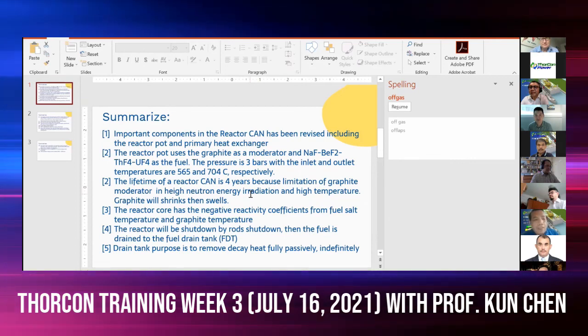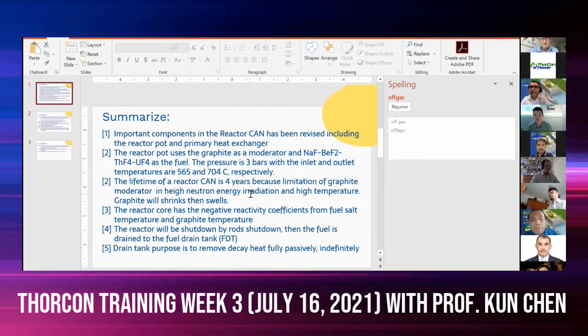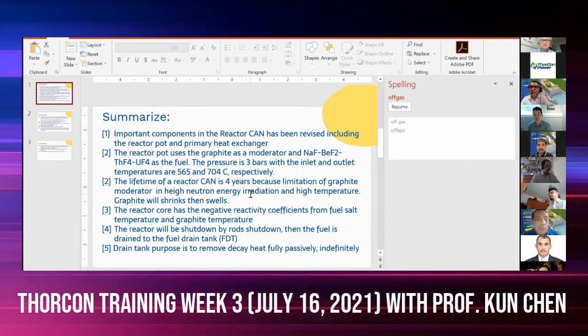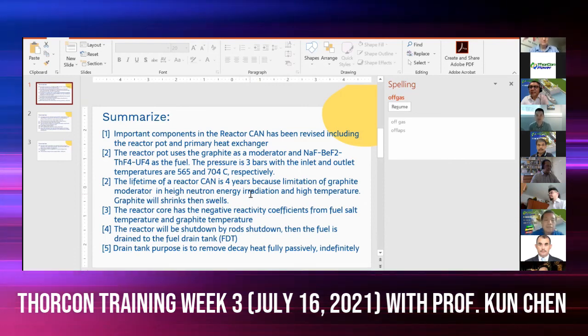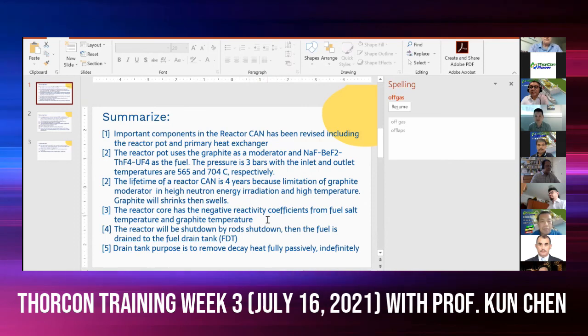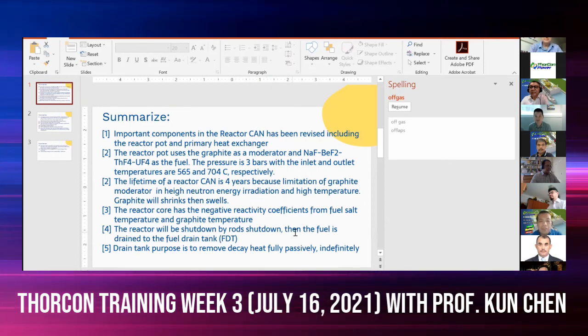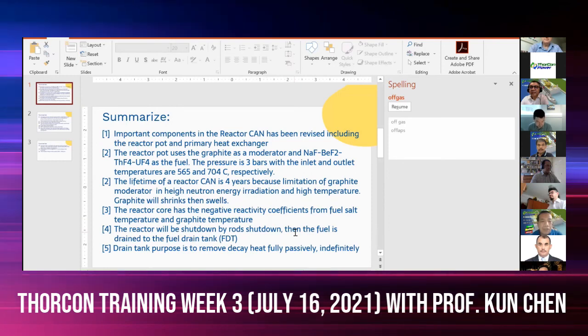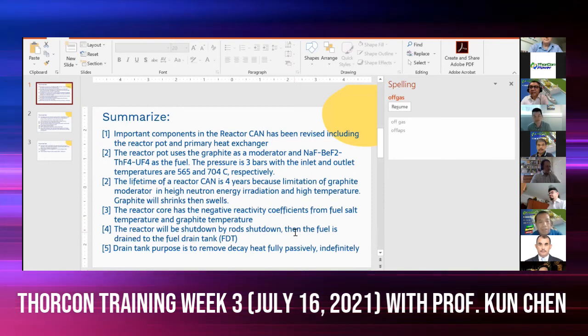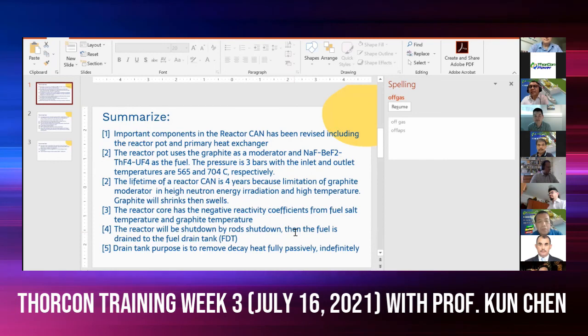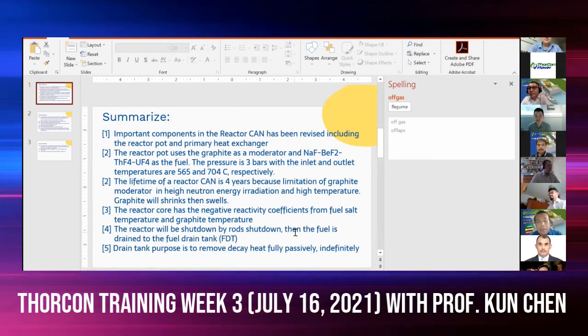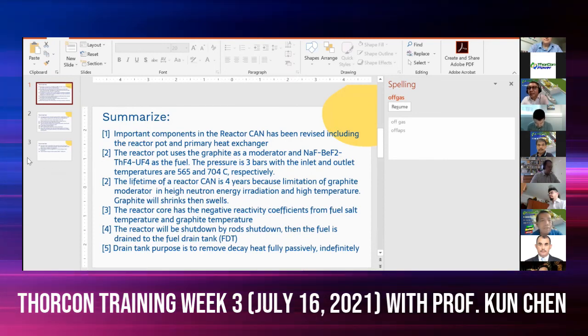Number 4, the reactor core has negative reactivity coefficient from fuel salt temperature and the graphite temperatures. The reactor will be shut down by the shutdown rod, then the fuel is drained to the fuel drain tank, FDT. The drain tank's purpose is to remove the decay heat fully passively.